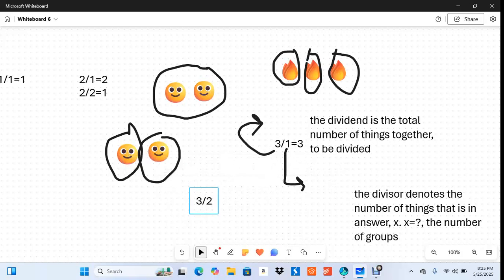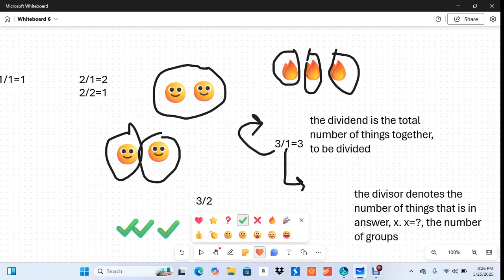If this is the dividend over here to the left of the division sign, meaning the total number of things to be divided, I would put three things. 1, 2, 3. So 3 things.